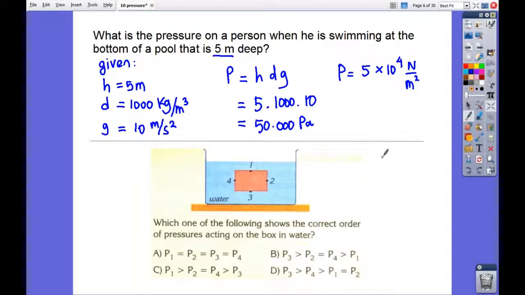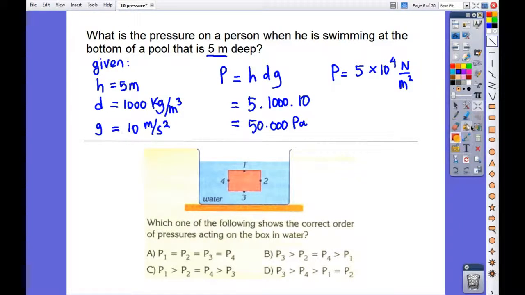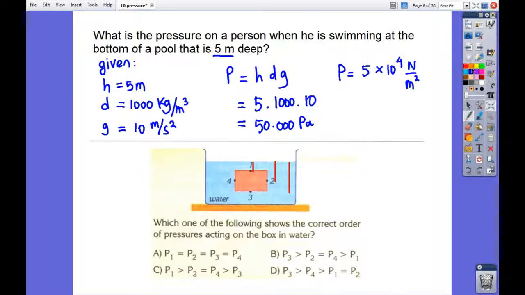So if we want to know the pressure at 1, 2, 3, and 4, we have to measure the depth from the water surface. This is H1, this is H2 and H4, and this is H3. Let us write it down.